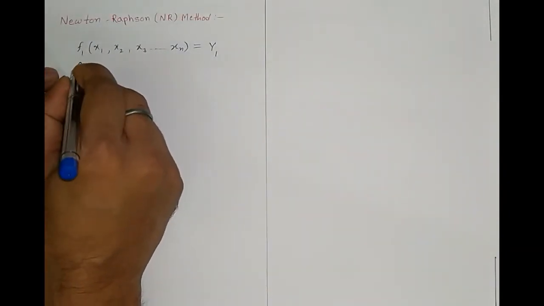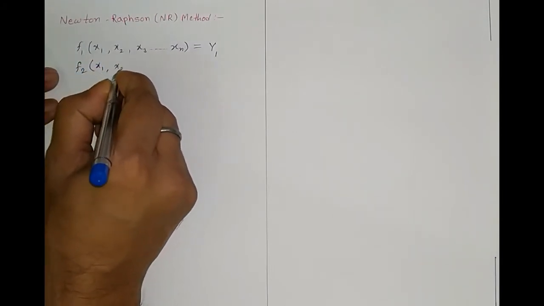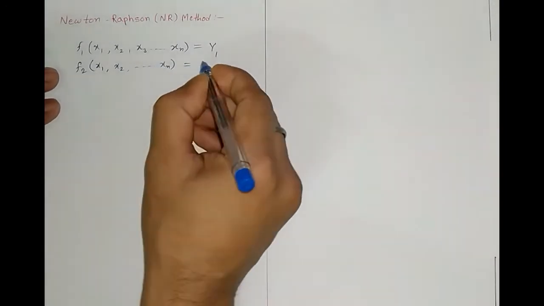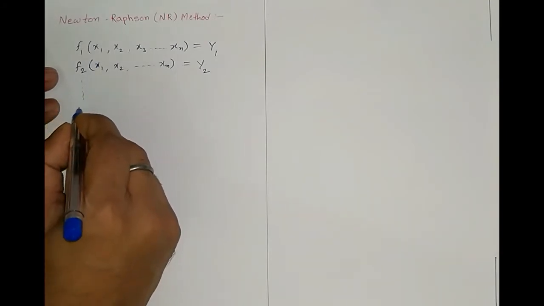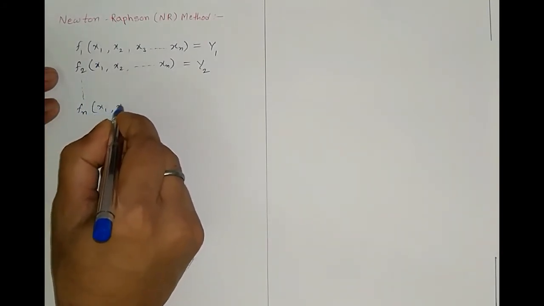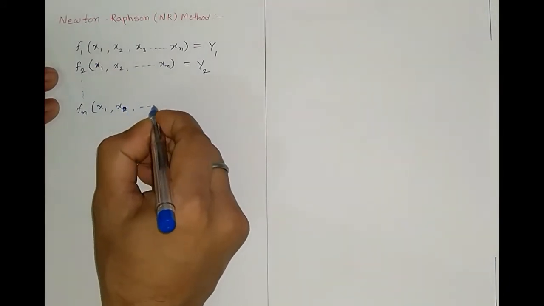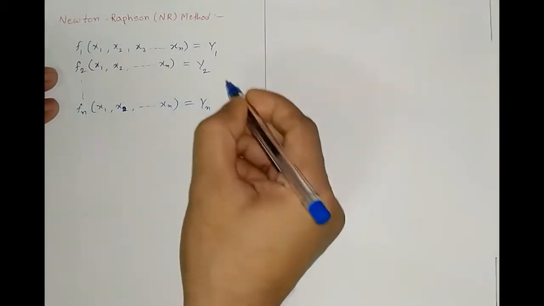So let us assume that the second equation is f2(x1, x2, and so on, xn) equals y2, and so on, up to fn(x1, x2, and so on, xn) equals yn.